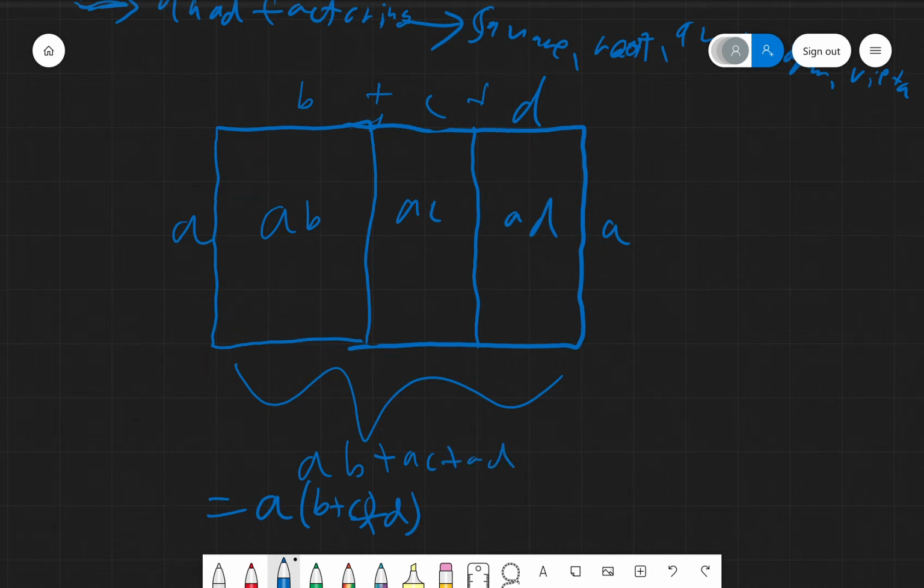We don't have to split it up only vertically. We can split it up horizontally too. Oh god, this is getting annoying now.